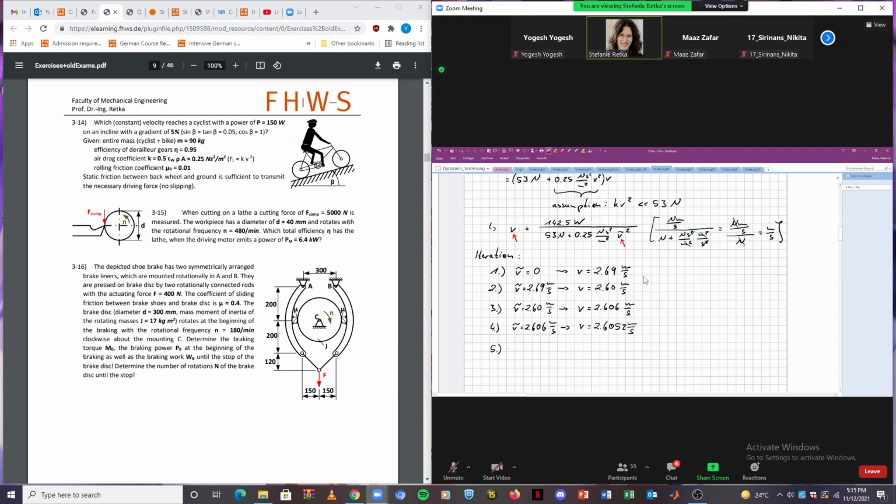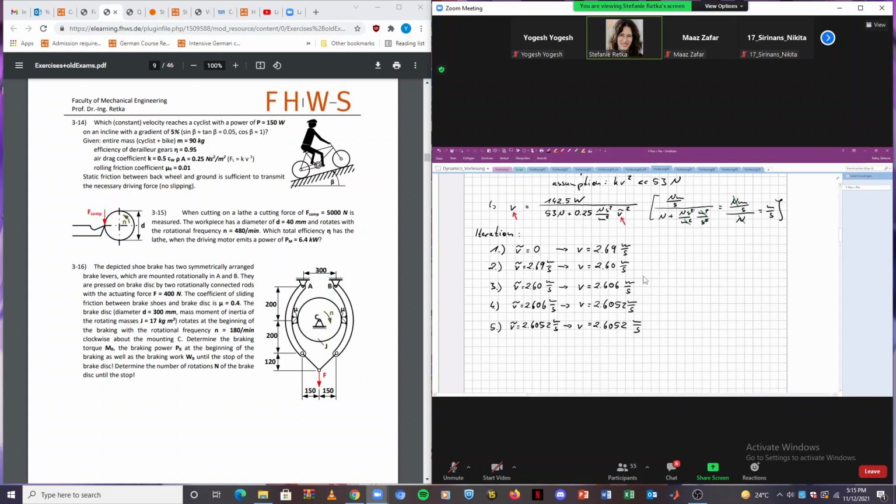In the fifth step, v tilde is equal to 2.6052 meter per second. Then we obtain a velocity of 2.6052 meter per second. And that's good enough for our computations.